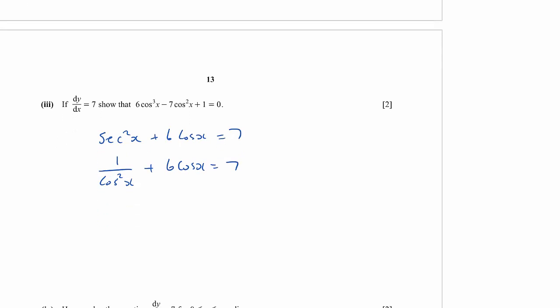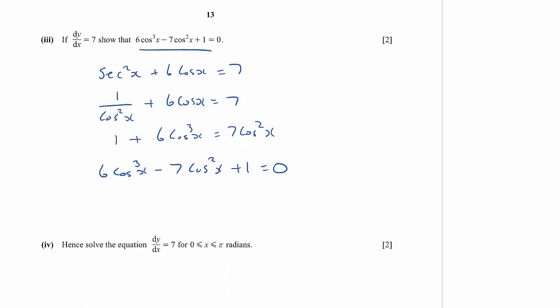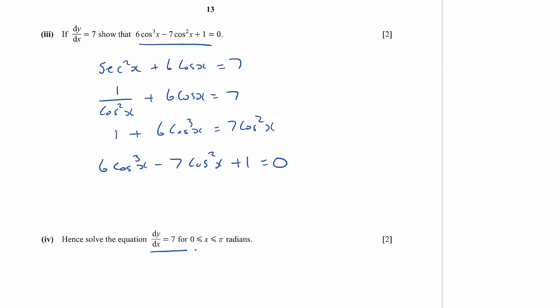Multiply through by cos squared x. So we get 1 plus 6 cos cubed x equals 7 cos squared x, which will give me 6 cos cubed x minus 7 cos squared x plus 1 is equal to 0, which is what we were trying to show.